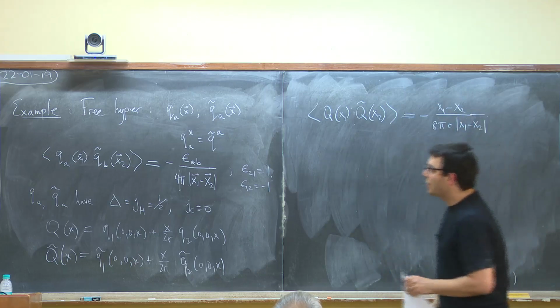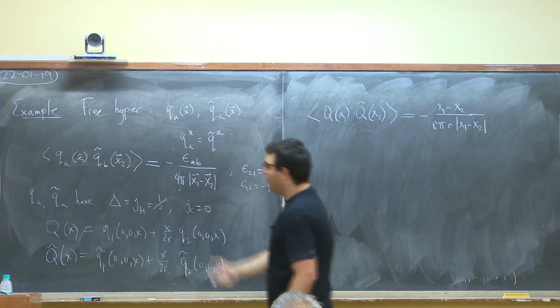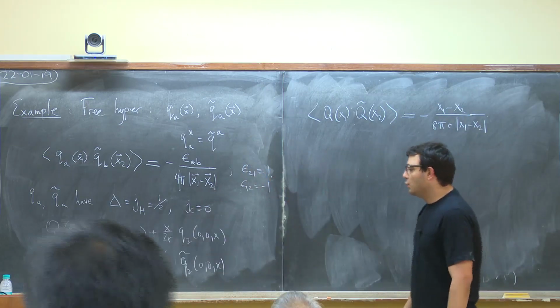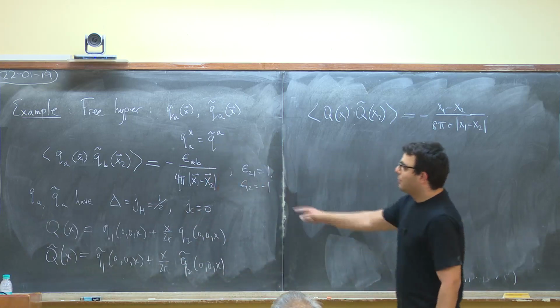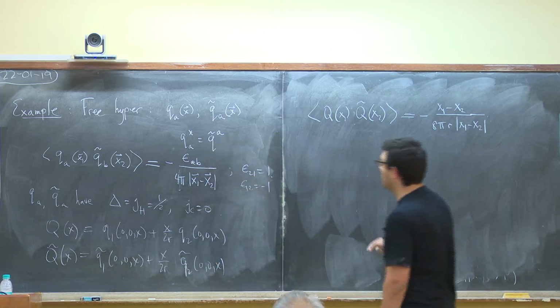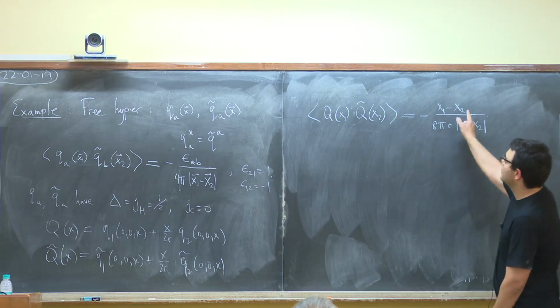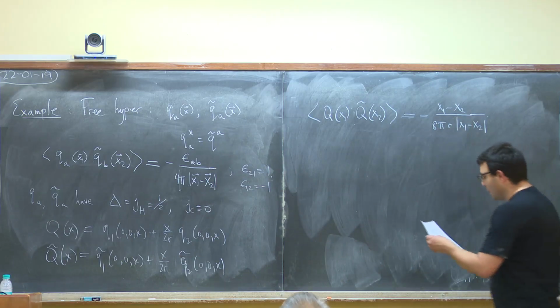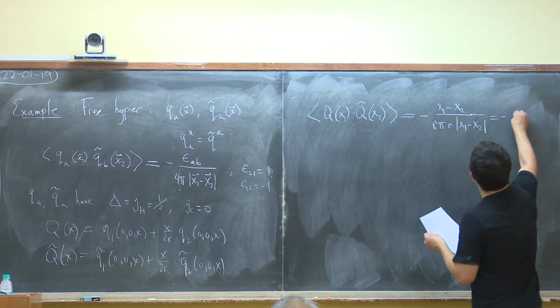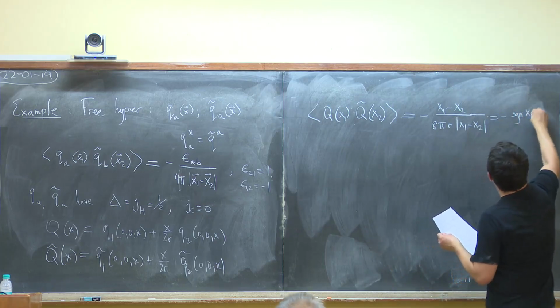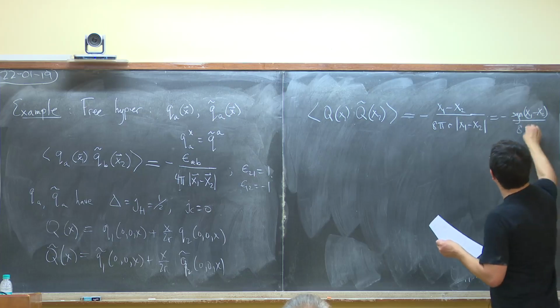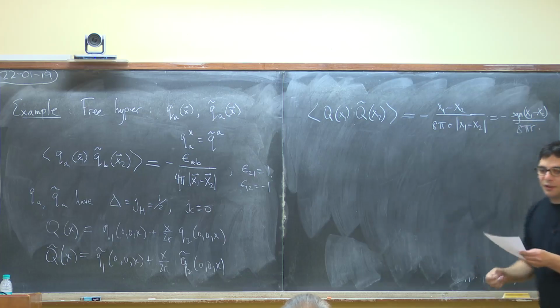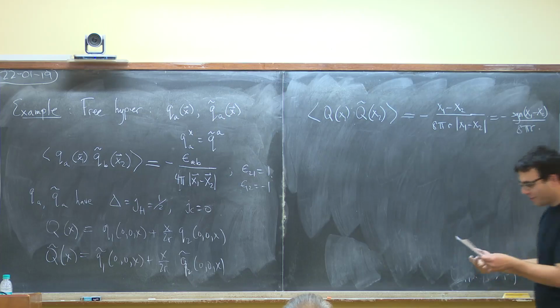So in the denominator, because of this, we have absolute value of x1 minus x2. And in the numerator, because of these x's over here and the epsilon symbol over here, they arrange such that in the numerator, there's x1 minus x2. So this is a minus sign of x1 minus x2 divided by 8 pi r. Topological correlation function is like magic.